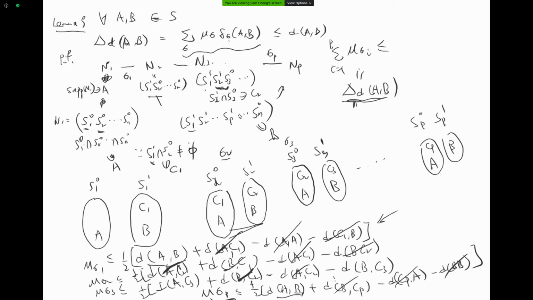So when I add them together, half d AB plus half d AB is just equal to d AB. So that gives us the proof for this equation here, for this lemma here. And this is lemma 9.